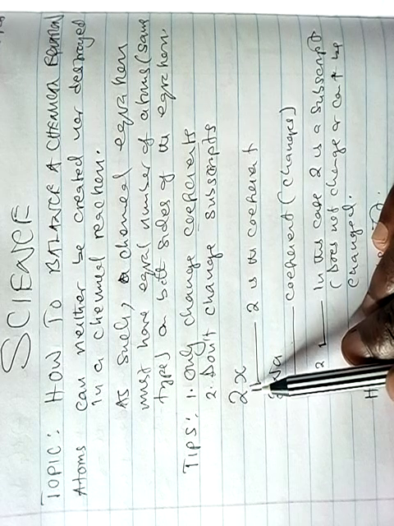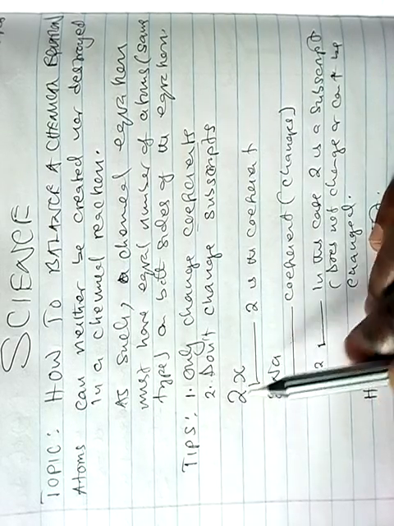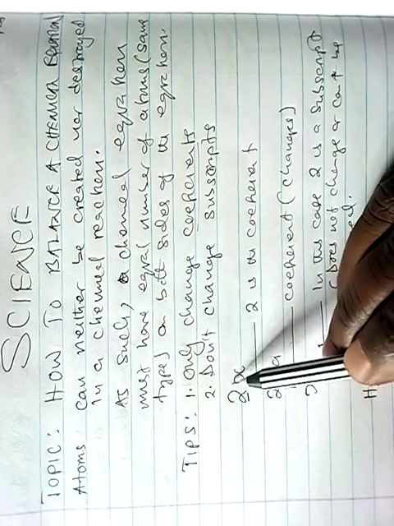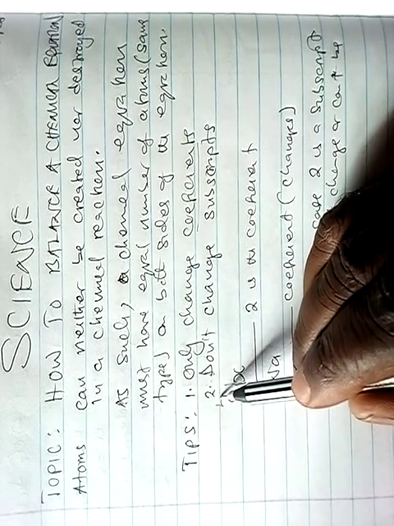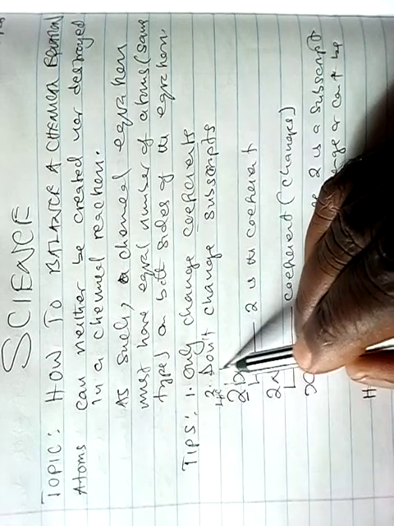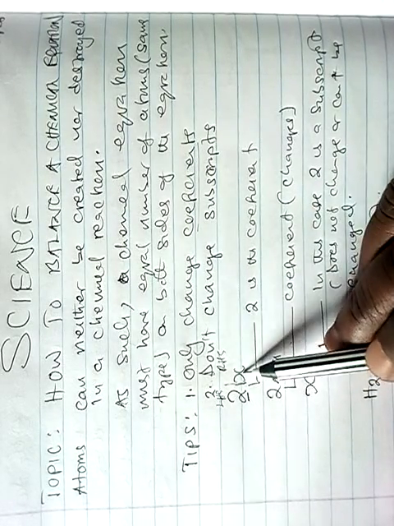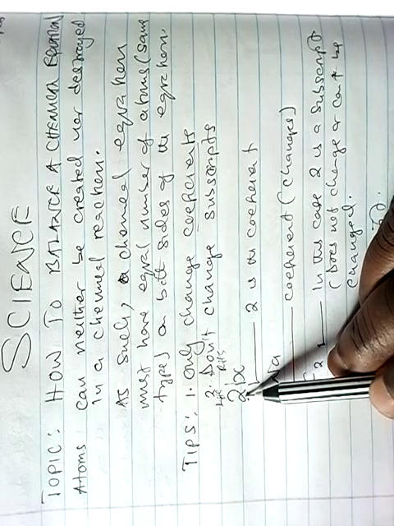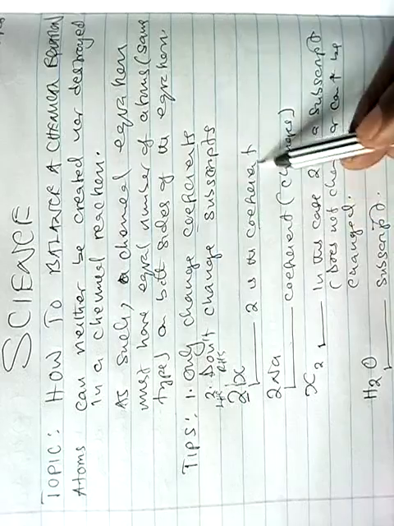In mathematics, for example, if you have 2x, this 2 here is on the left side of x. This is the left hand side and this is the right hand side. So on the right hand side you have x, and on the left hand side we have 2. So this 2 is the coefficient.